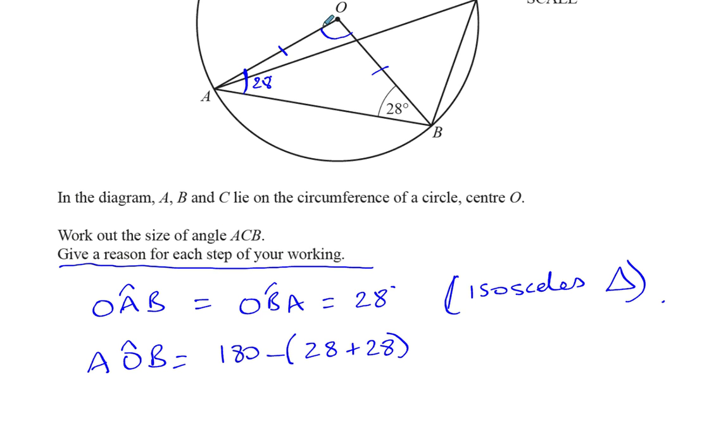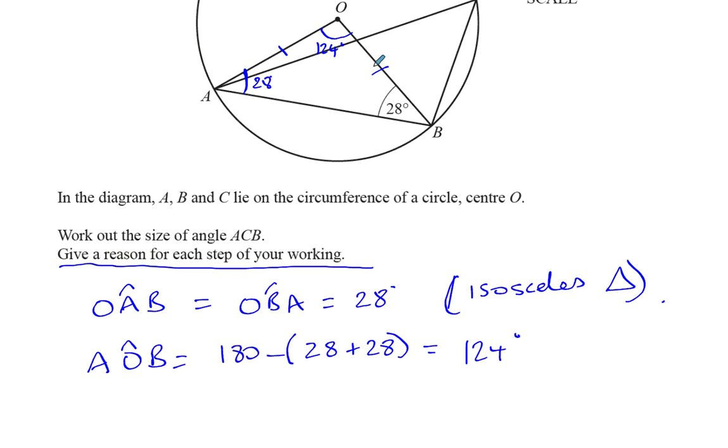These are three angles in a triangle, so this angle is going to be 180 minus the sum of those two. That gives you 180 minus 56, which gives you 124. That's 124 degrees.